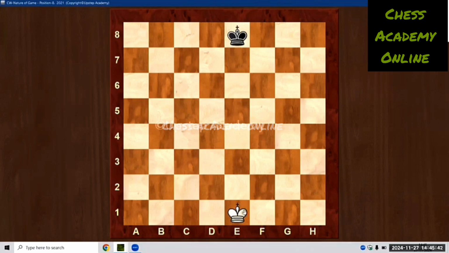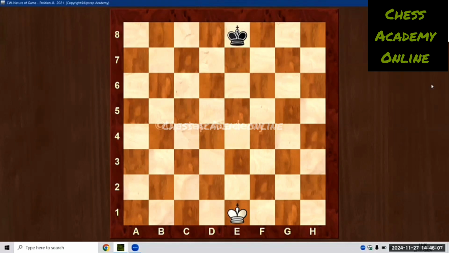So first, the king always starts on the letter E. As we can see, the kings are placed on the letter E. The E file is for the kings at the start of the game, or we can remember that the white team's king will be on the dark square and the black team's king will be on the light square.